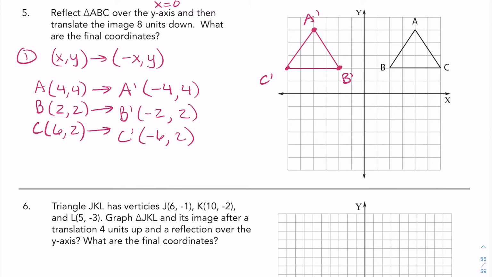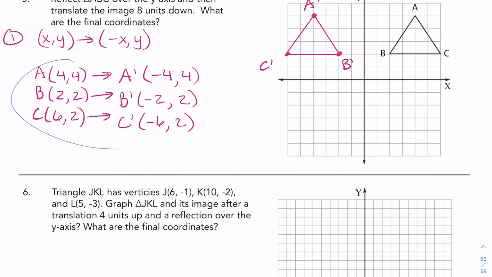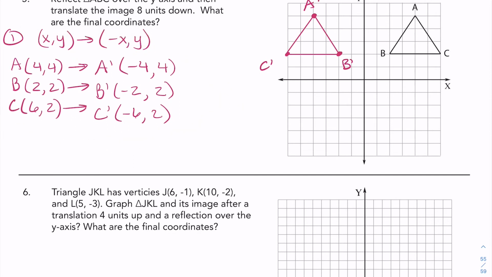Okay, here's your A, B, and C. So that was the first one. The second one is translate the image 8 units down. I don't really have much room, but let's see.